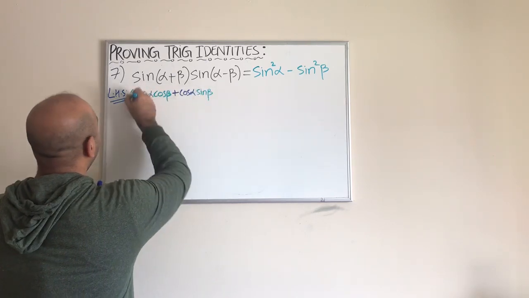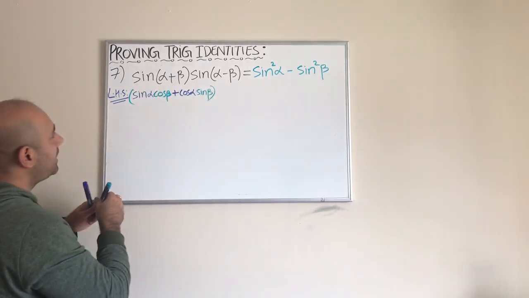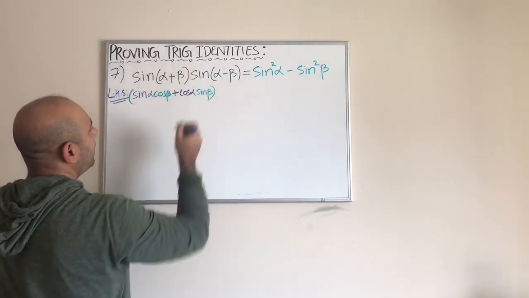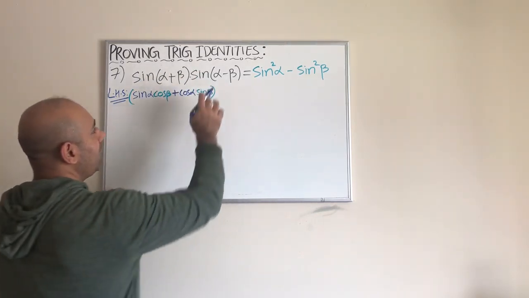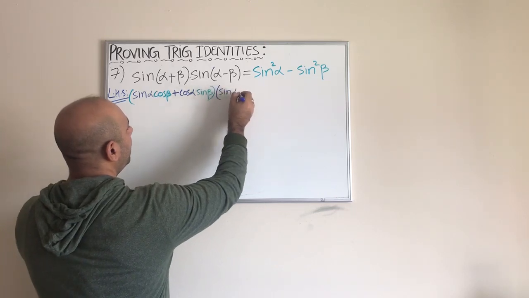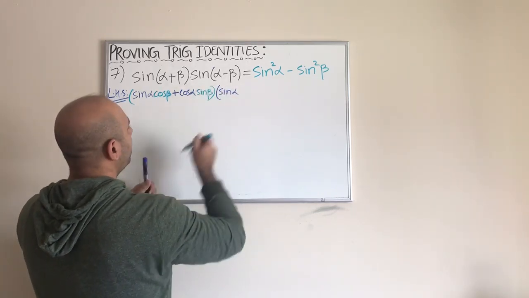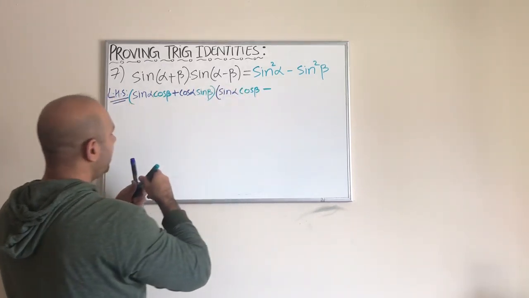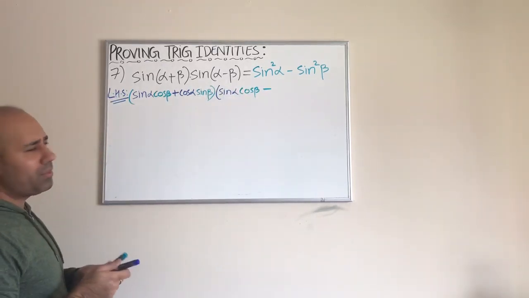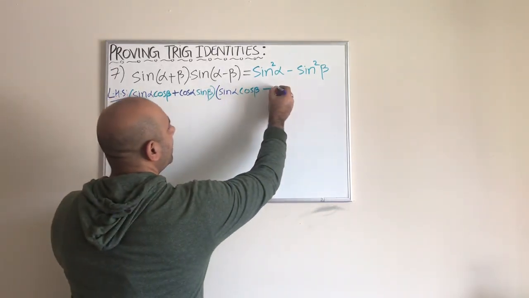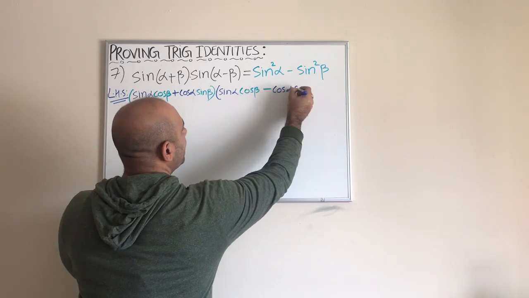I'm using the formula for the sine of the sum, then times. There's a times here, or we don't have to really write it, but we understand there's already a times here. And then the sine of the difference. The sine of the difference is sine of alpha cosine of beta, and then minus cosine of alpha and sine of beta. With the sine of sum and difference, we are consistent with the right hand side as far as the sign goes.